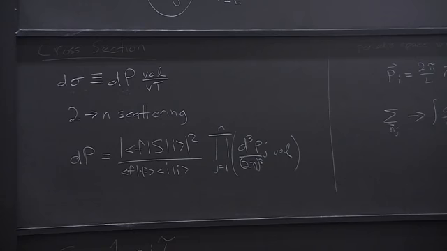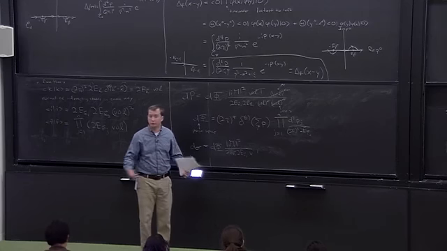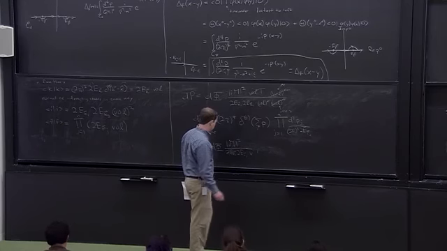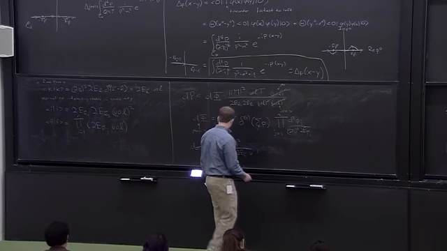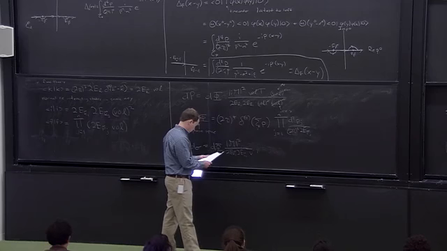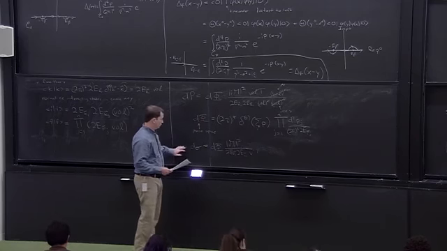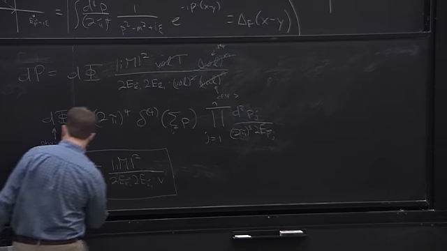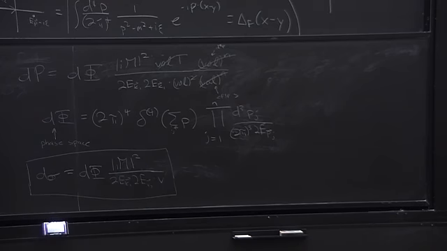And this v is the relative velocity between the two initial particles. Okay. So this is our final formula for the differential cross-section.